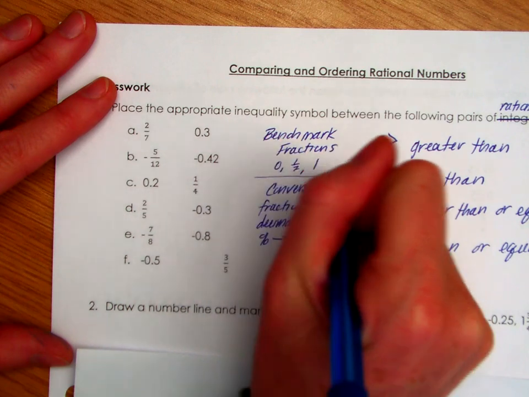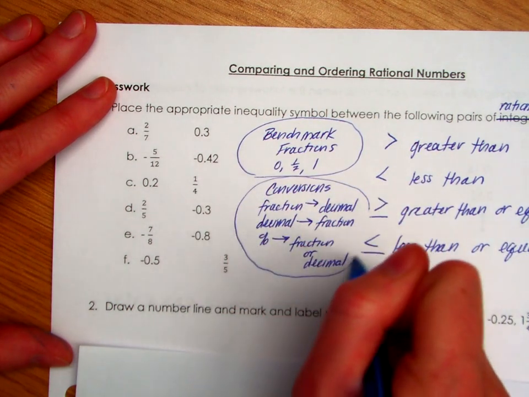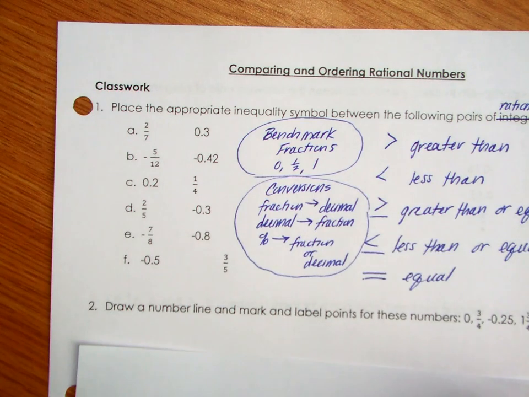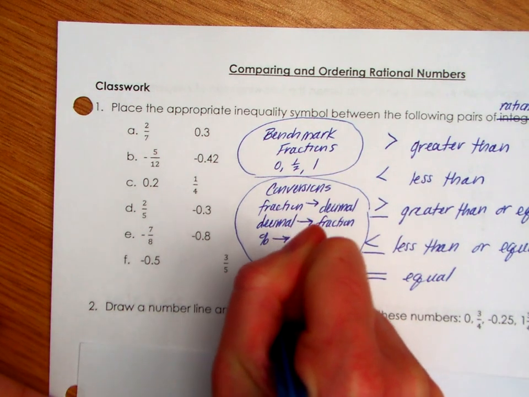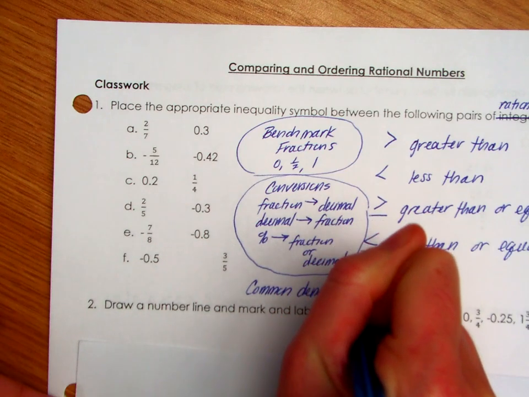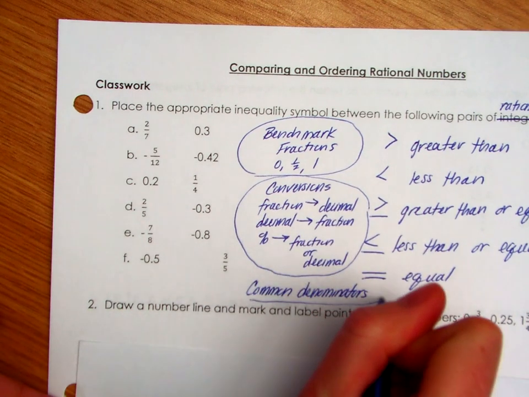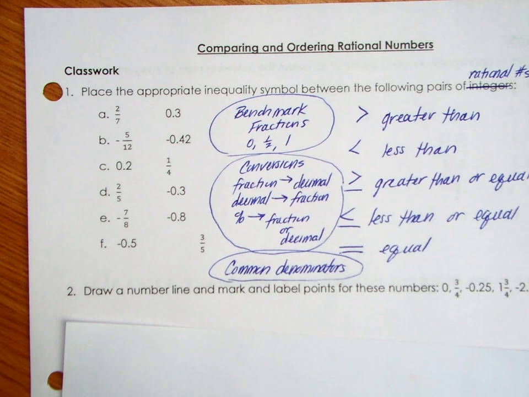That's one way you could try to do these. This is another strategy you could use to do these. You also can get common denominators as a way to compare. So just a couple strategies of how we can approach these.